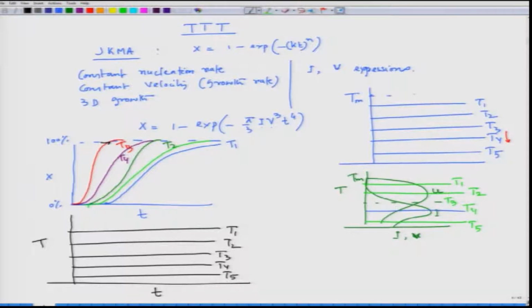That time, let us say this was T1, this one T1. So, this point, let us say here, and then this was here.